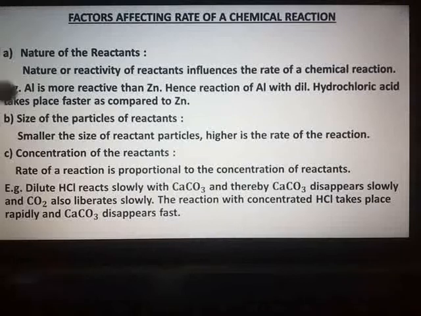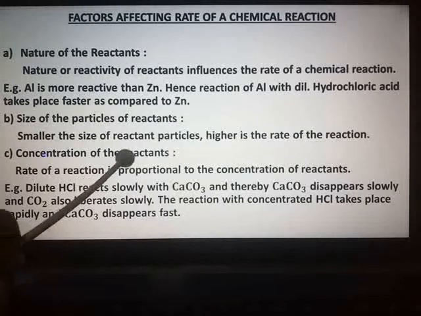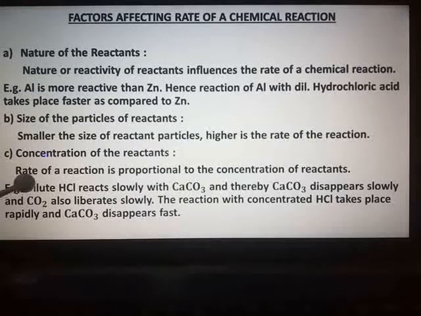Here it is exactly opposite. Rate of the reaction is proportional to the concentration of the reactants. Now if you take dilute HCl and if you take concentrated HCl and you carry out the reaction with CaCO3, that is calcium carbonate, you will see that dilute HCl will react slowly and calcium carbonate disappears slowly.